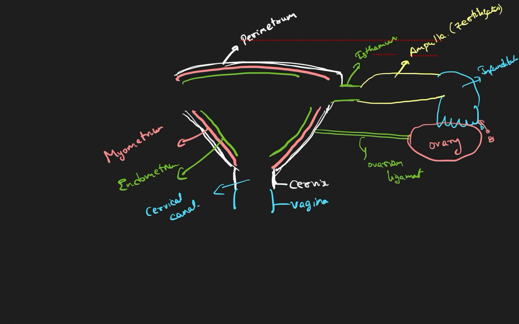Here you need to remember that the myometrium is the thickest, and the perimetrium is the outermost layer. Now let's talk about the female accessory ducts. The female accessory ducts are nothing but the fallopian tube.